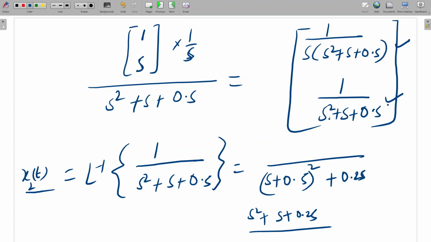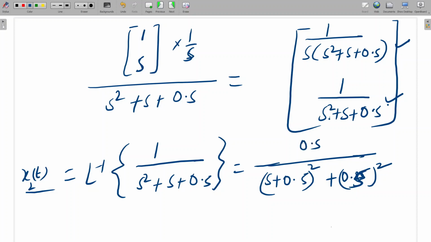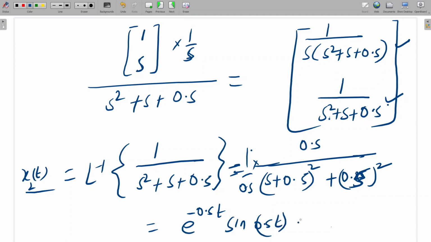So 0.25 I can write as 0.5 whole square, correct? And here we can write the same thing, a by s square plus a square, that formula we can convert. So 0.5 into 1 by 0.5, correct? So this is a standard form, and that will be equal to e to the power minus 0.5 t sine 0.5 t u of t.